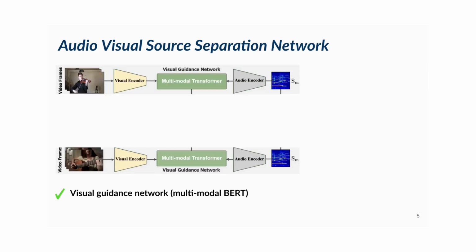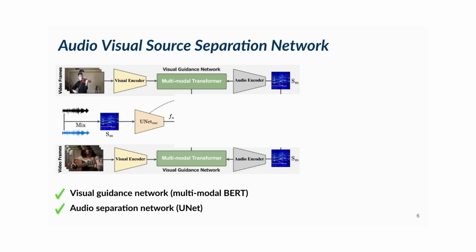Let's look at the overall approach of our proposed audiovisual separation network. The Visual Guidance Network extracts multimodal representation (FAV) from the video frames and mixed spectrogram (SM). The mixed spectrogram is also fed to the audio separation network, which generates the encoded audio feature FA.